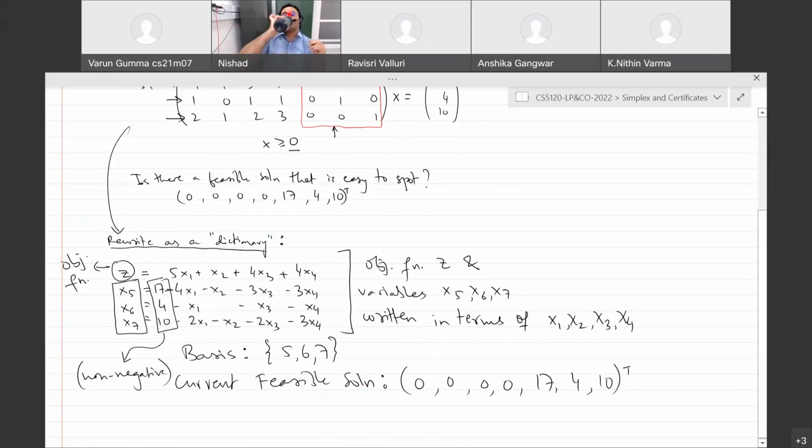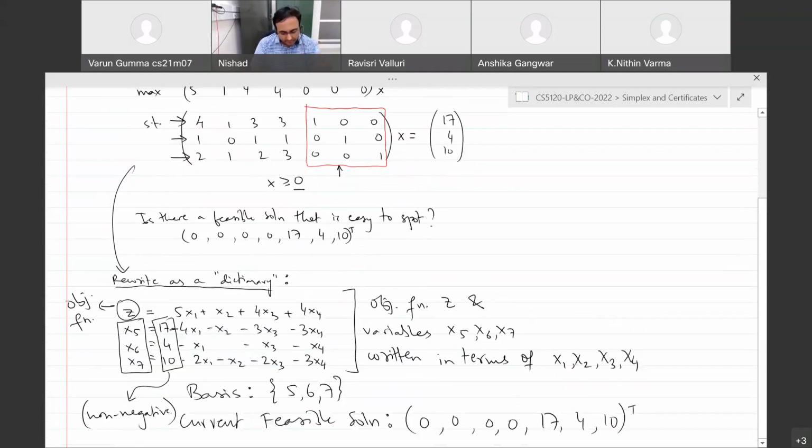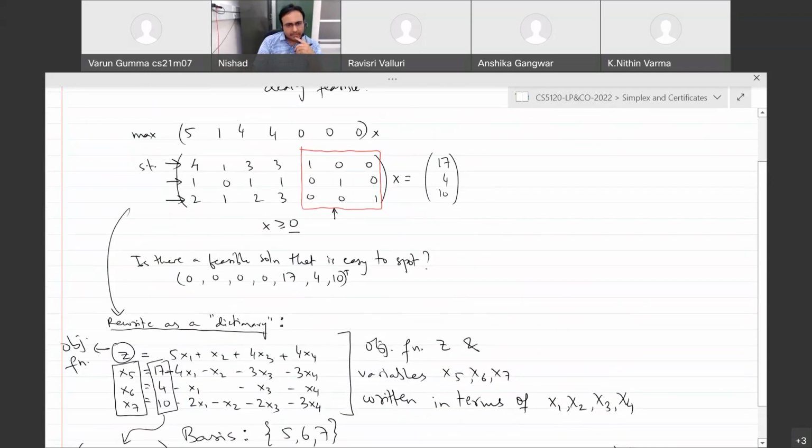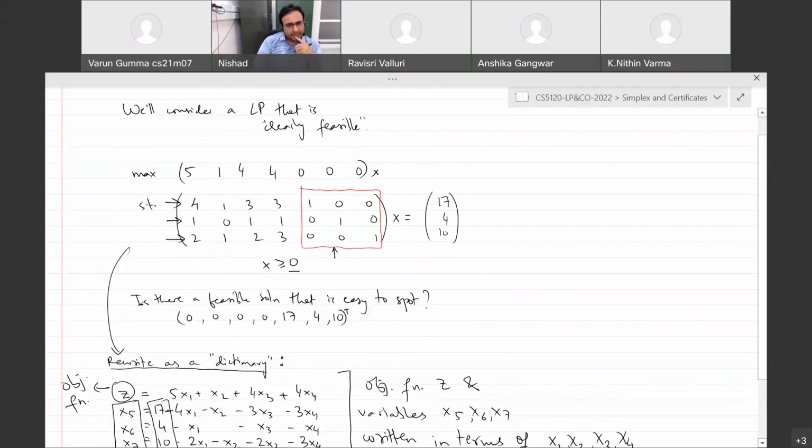Sir, could you tell me why that non-negative part is so important for us? Right. The fact that this is a feasible solution, why is it a feasible solution? It satisfies the equations, but there is something else we need to satisfy. What is that? X should be non-negative. Exactly. We want all our variables to be non-negative.